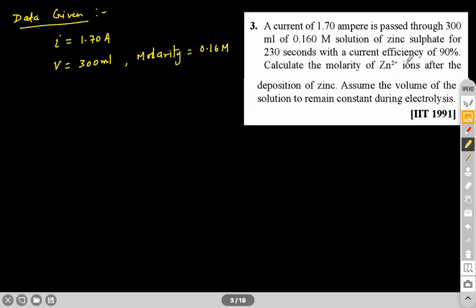The solution is zinc sulfate, ZnSO4, for 230 seconds. T equals 230 seconds.